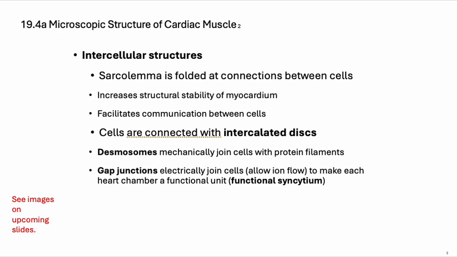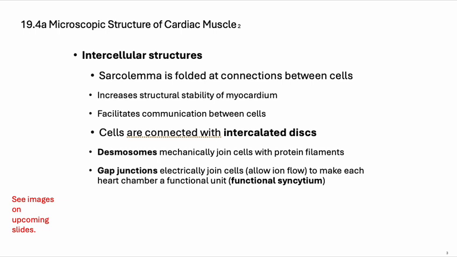The second type of protein that you have as a part of this intercalated disc is what's called a gap junction, right? Now you may recall when discussing cells and cellular junctions and the way cells interact with nearby cells, a gap junction is an opening, right? So hence the name gap.